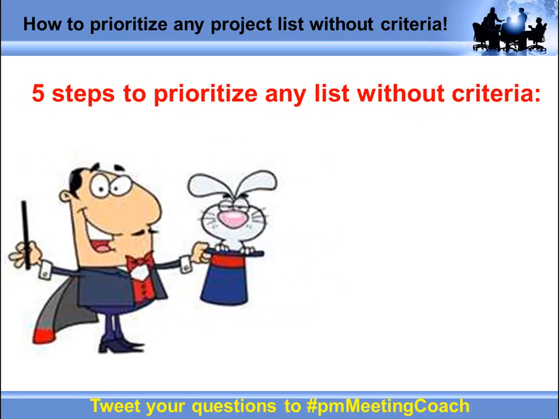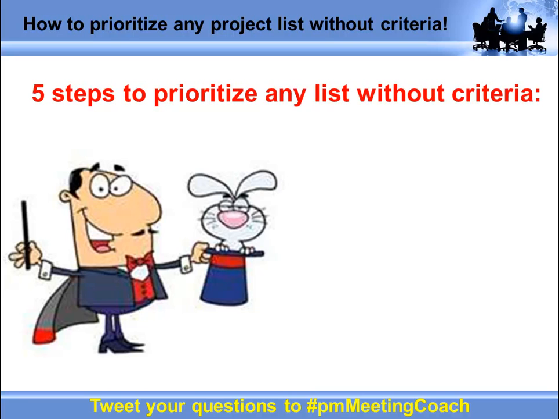Now, there are 5 steps that I use to prioritize any list without criteria. And the first thing I want to tell you is this is real. I have spent several years working with IT teams in corporate America. I've worked for some of the largest corporations in America, worked in the project management office. I've worked with project managers. I've been a project manager.